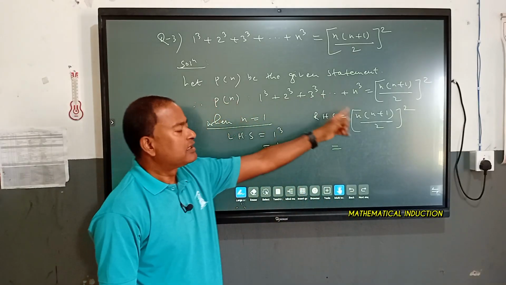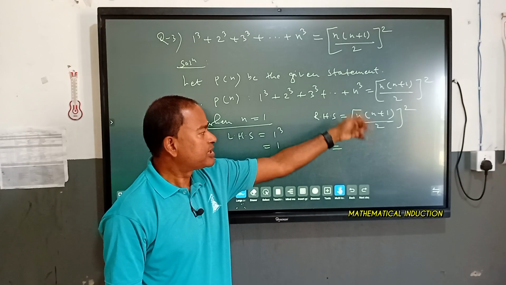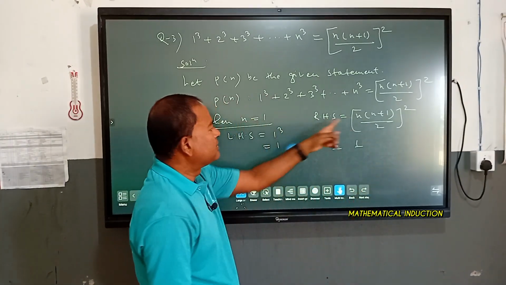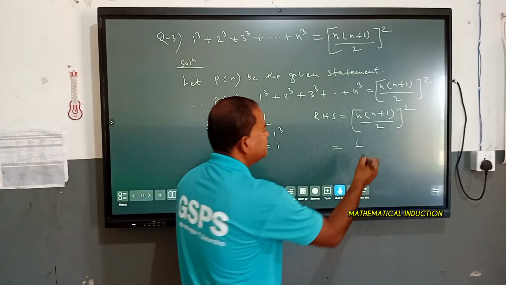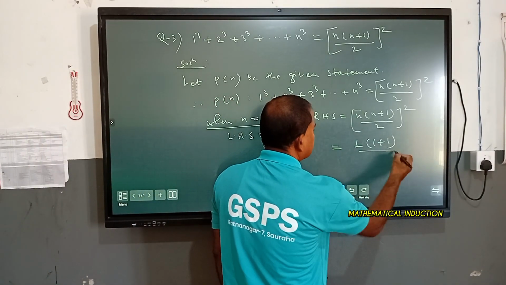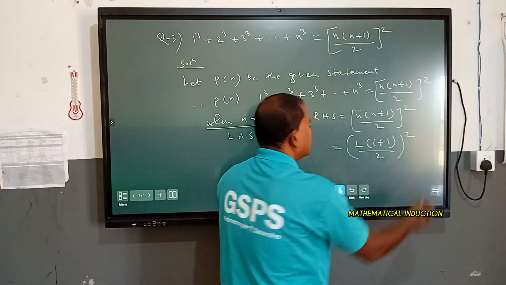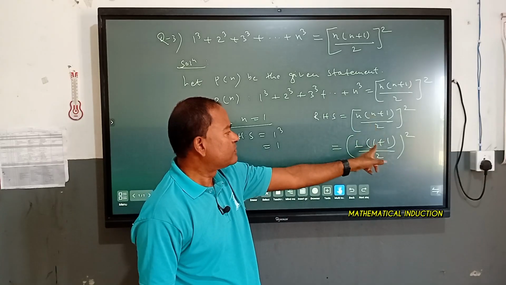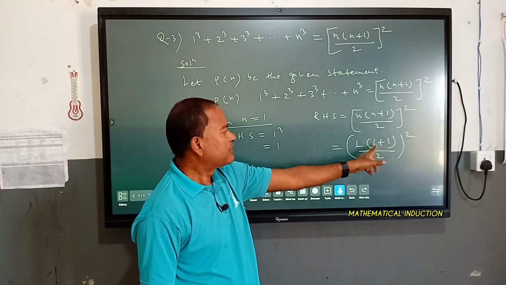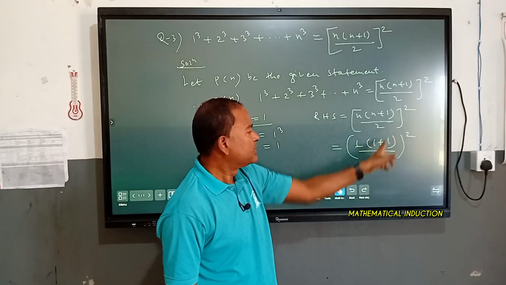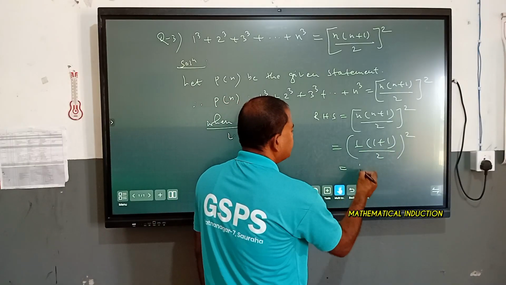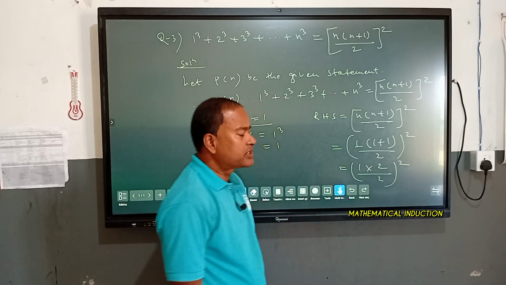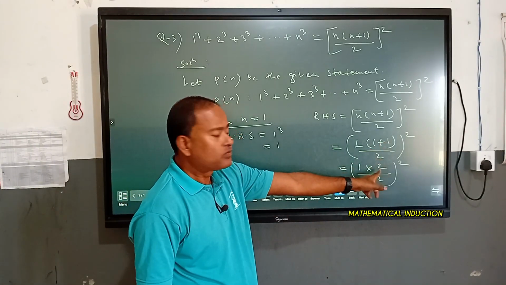So let's put the value of n equals 1 in the expression of the right hand side. If we replace n with 1, then we get 1 plus 1 divided by 2. So dear students, after adding 1 and 1 we get 2.